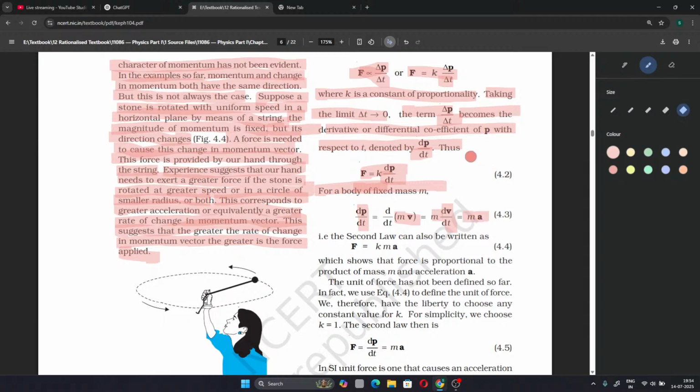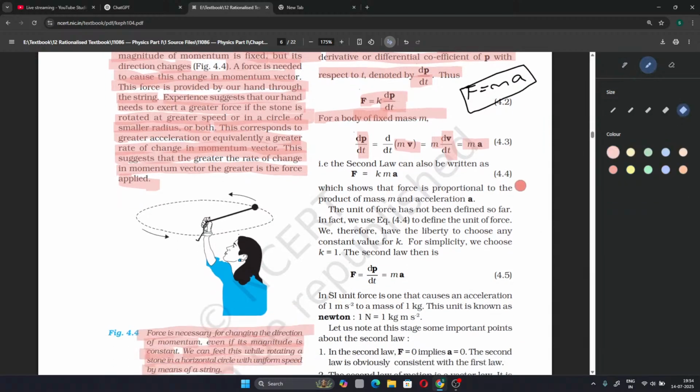So finally, the famous equation of force equals mass into acceleration is thus created. The extremely popular force equals mass into acceleration.